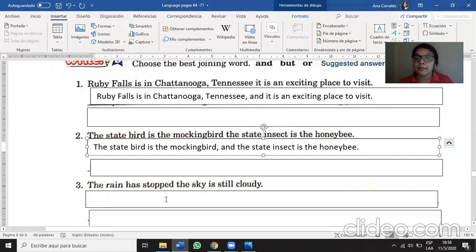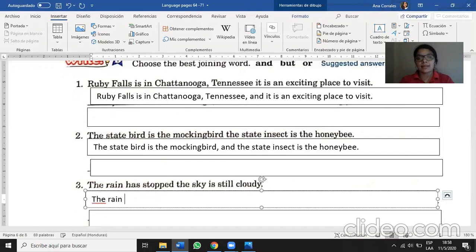Period. Remember the periods. The rain has stopped, but the sky is still cloudy.